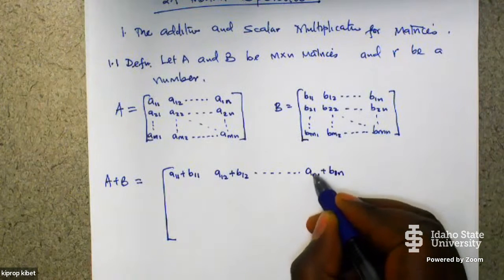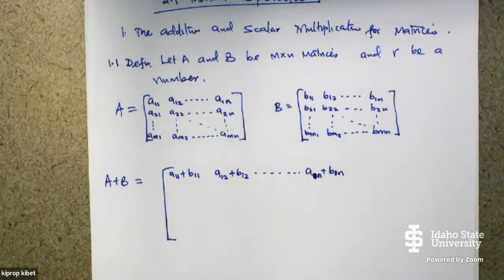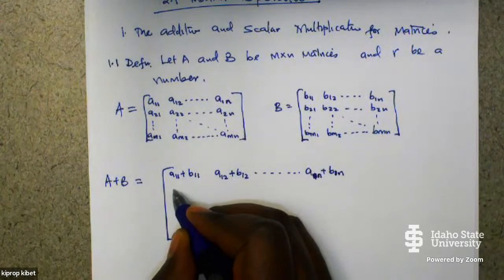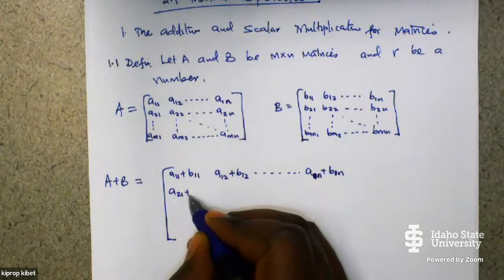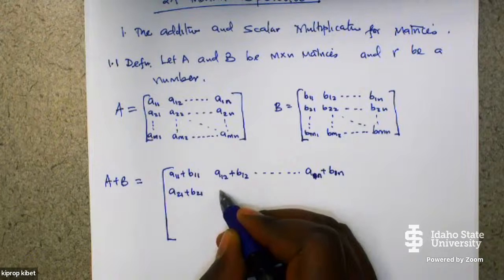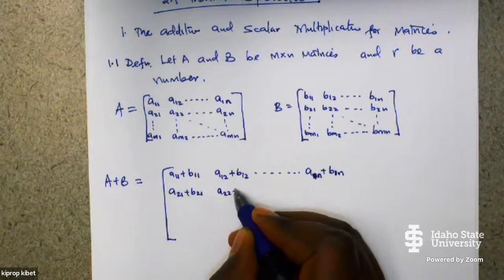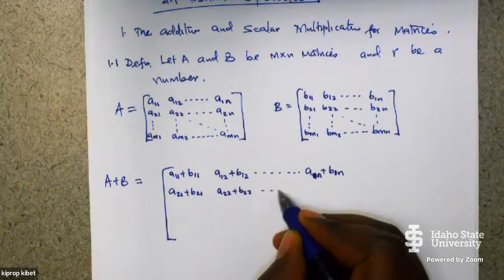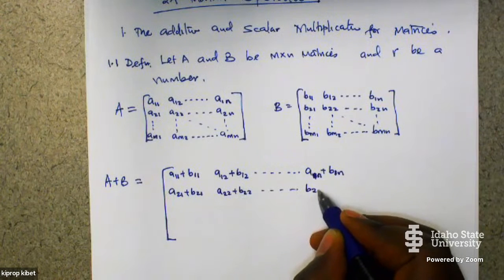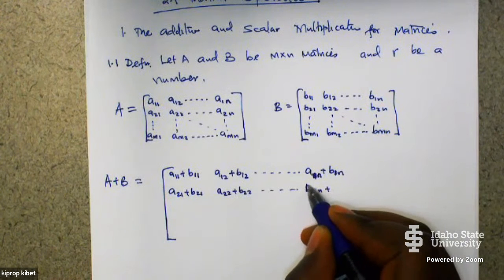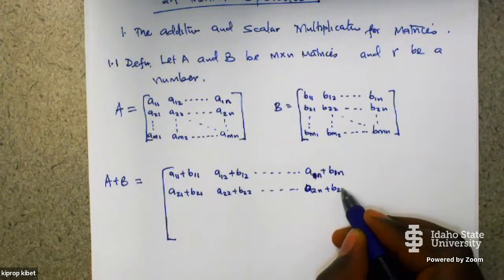Then A21 plus B21, A22 plus B22, and A2N plus B2N.